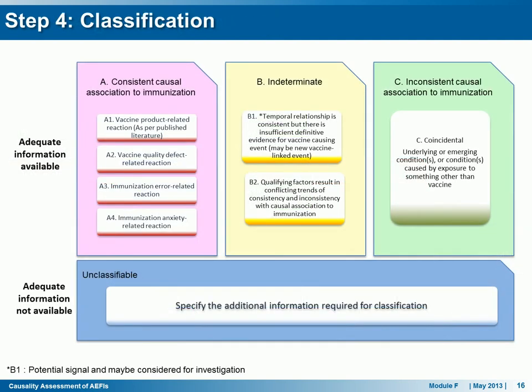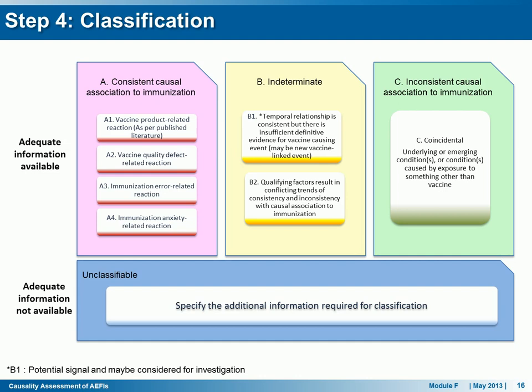Now that we have finished step 3, the algorithm, let us go on to the last step, classification. Before we go into the details of the classification, the first question we need to ask ourselves based on the available evidence is, do we have sufficient information available, or not?